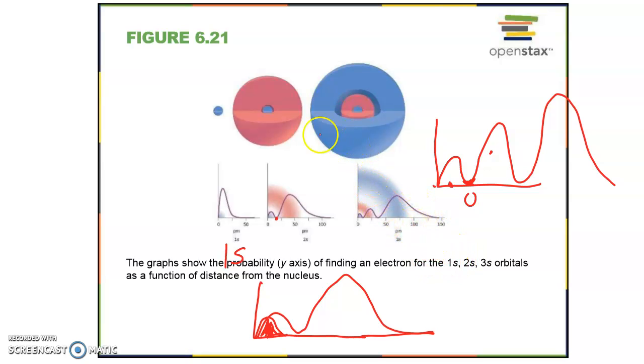But at least we know how the shape will look like. It looks like a spherical shape. Within certain radius, you can find the electron. And over here, the vertical axis is the probability of finding an electron. All right, so that is about the s orbital.